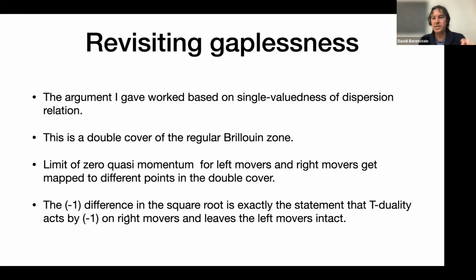And then this -1 symmetry in phase, the e to the i pi, would show up from one to the other, in the square root that you would get from trying to extract which one is at what point in the double cover. This is exactly the statement that T-duality acts by -1 on right movers and leaves the left movers intact. So the 0 versus the pi is the sign choice of which one is the one where I'm applying the T-duality. Okay.